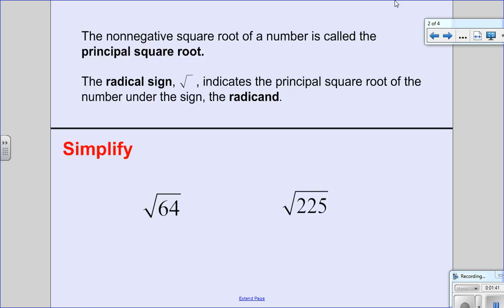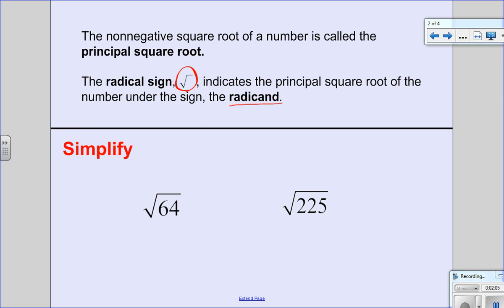Now let's connect it to the word radical. What does radical mean? Well, the word radical expression comes from the radical sign. So the radical sign, this symbol right here, indicates the principal square root of the number underneath the sign, called the radicand. So let's understand what these vocabulary words mean in relation to one another.